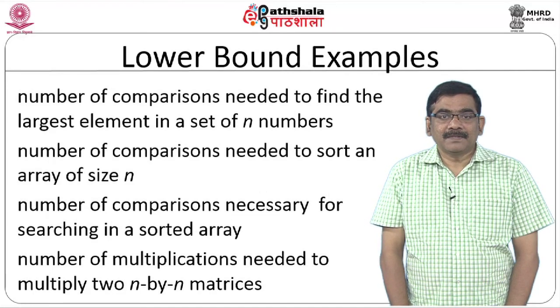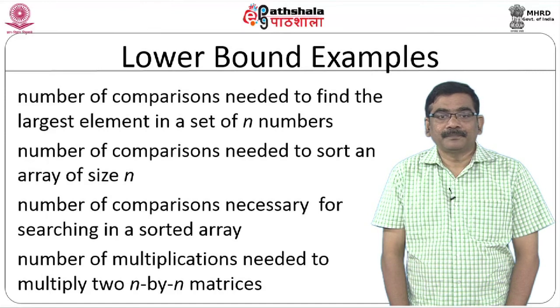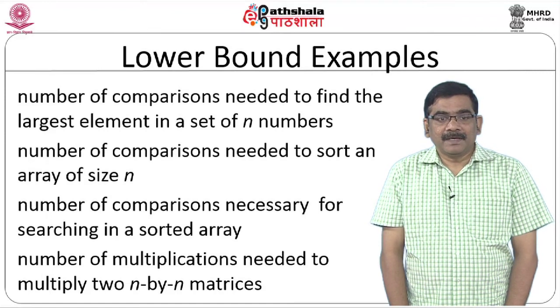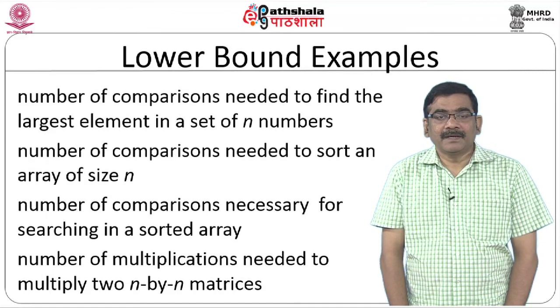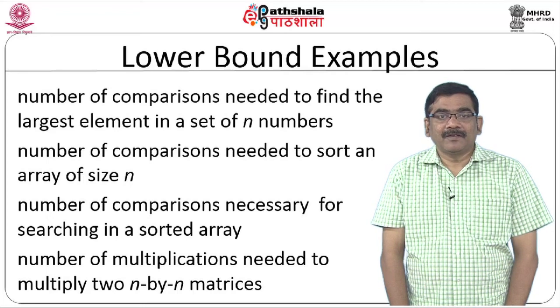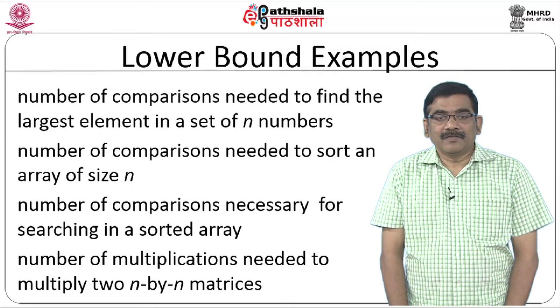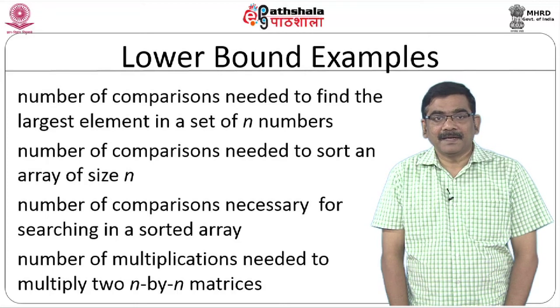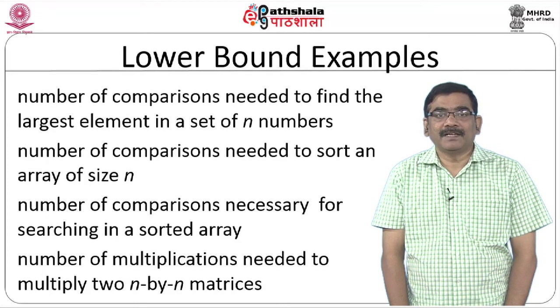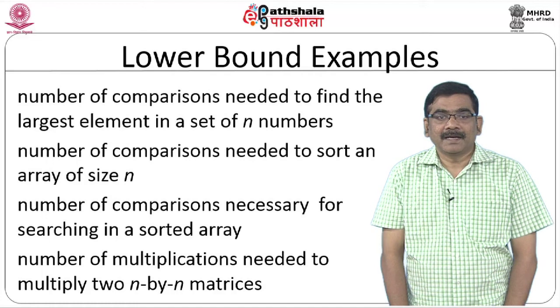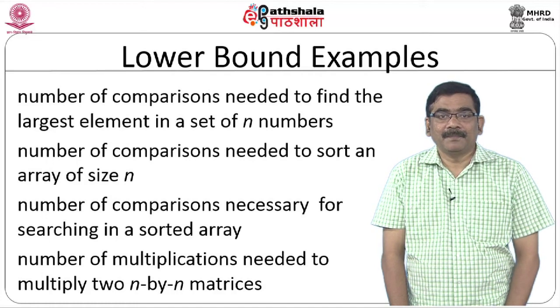What are the examples of lower bound? For example, if you take a problem like finding the largest element of an array, we can say that the minimum number of comparisons required to find the largest element can be a lower bound.